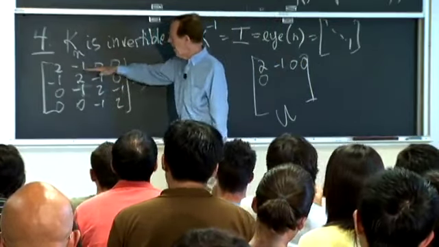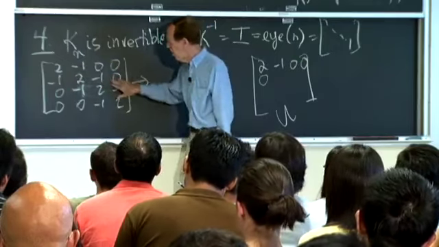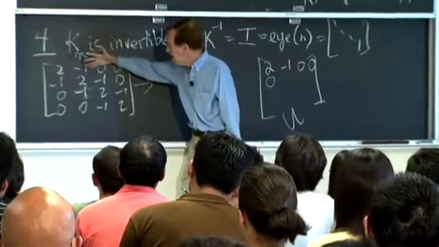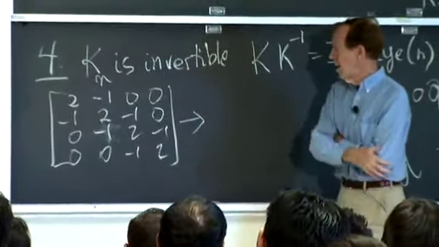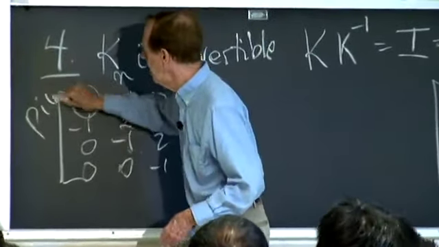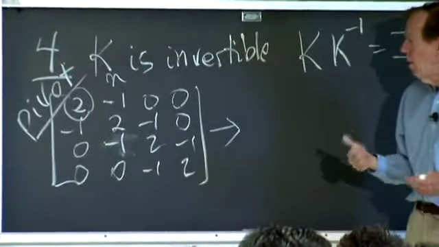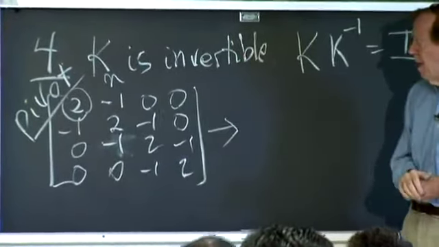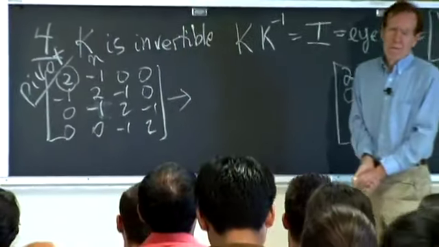I want to take a combination of these two rows, this row and some multiple of this one, that'll produce a 0. So this is called the pivot. That's the first pivot, and that's the pivot row. Tell me what to do.